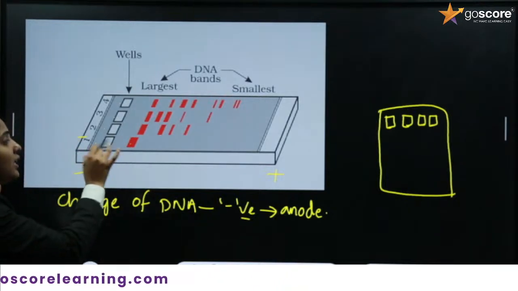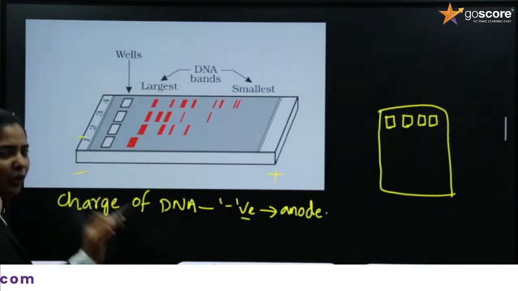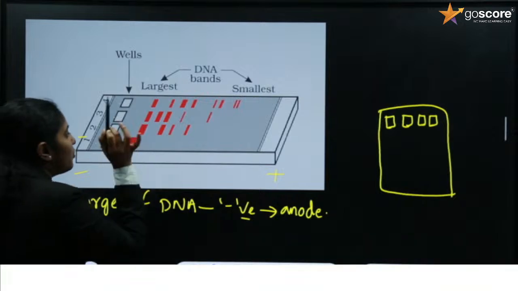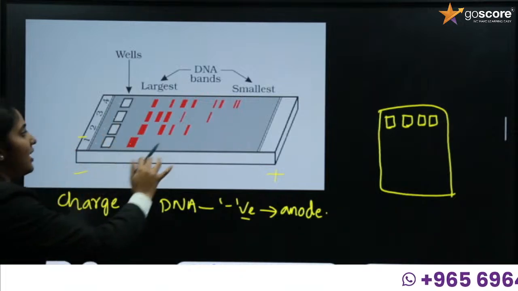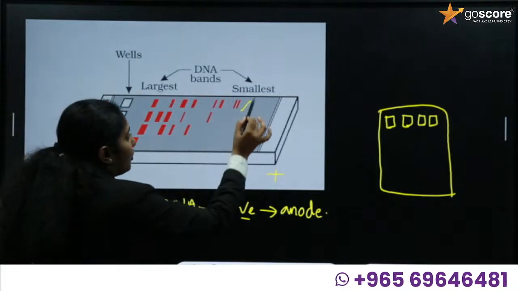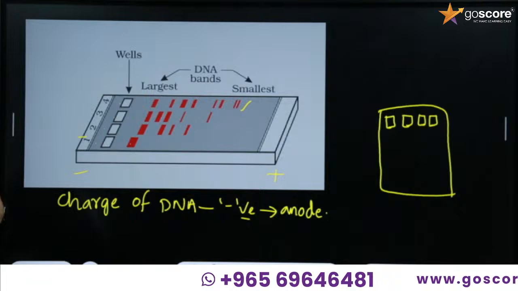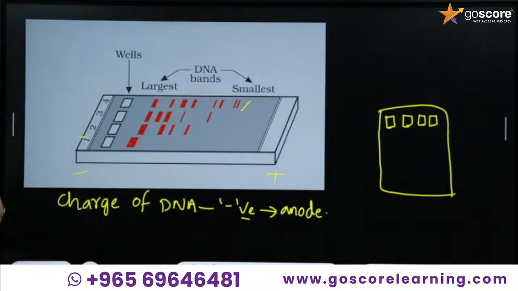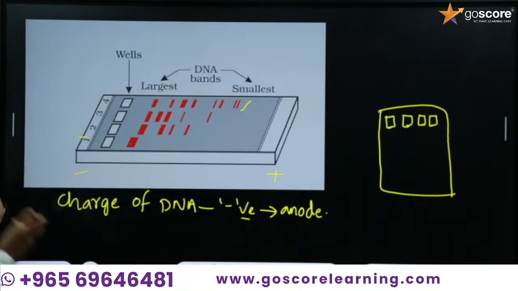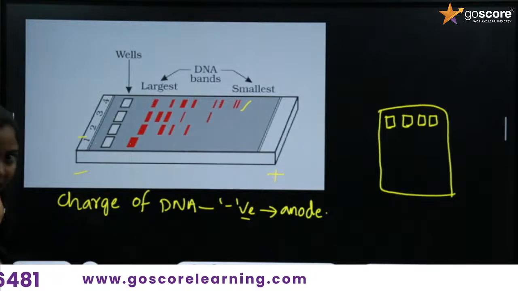The highest molecular weight DNA will be retained there, and the smallest molecular weight DNA will move towards the positive terminal of the apparatus. This is how we separate the DNA.